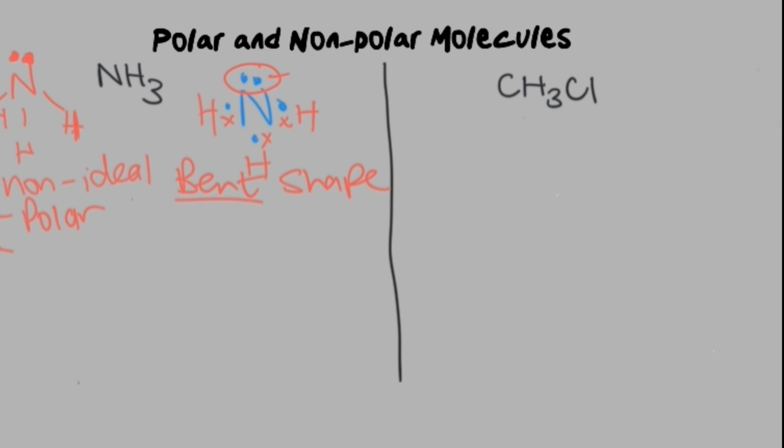Now, what are the things to discuss with the discussion points? You'll start off by saying that ammonia has 1 lone pair of electrons. Please don't write pair. Remember, are you talking about shoes or are you talking about electrons? So it has 1 lone pair of electrons. Also, it is a non-ideal shape due to lone pairs.